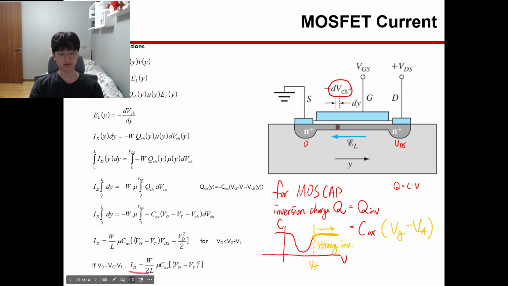Finally we can get this equation. Actually this is the right equation, and if VD is small enough, we can neglect this part, so we can get this equation.